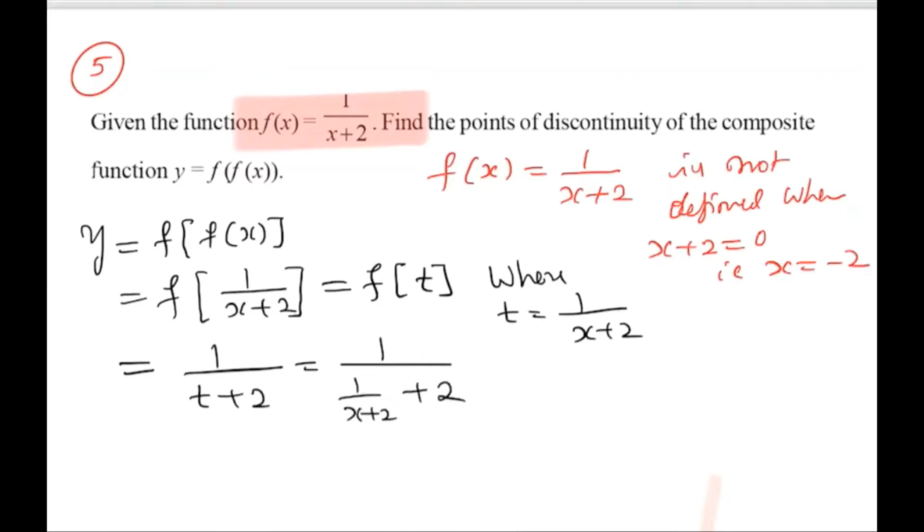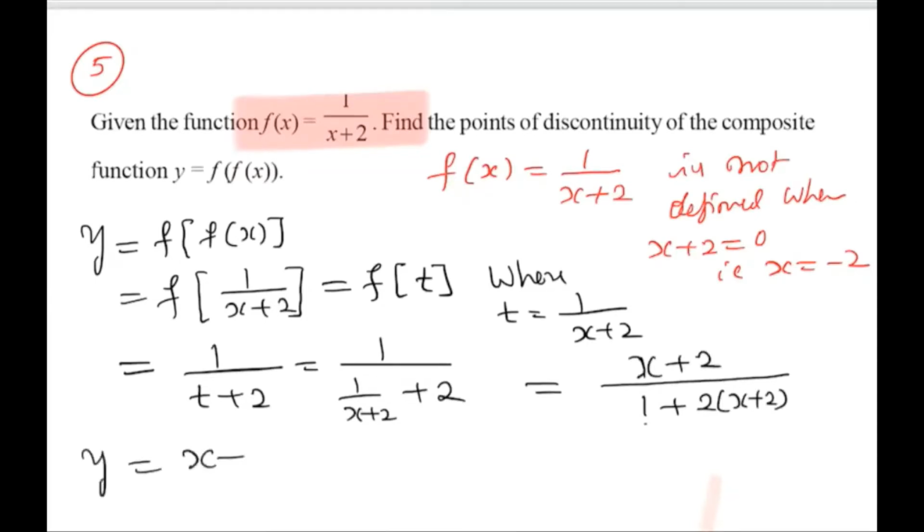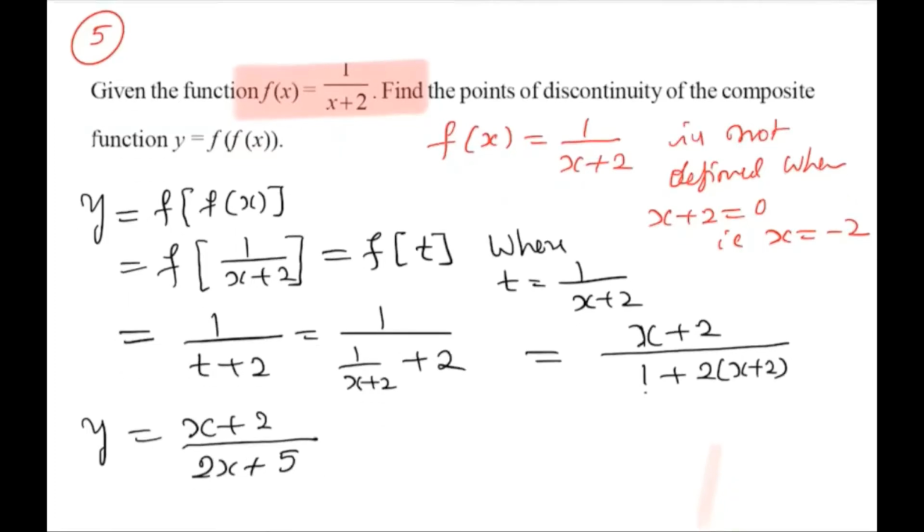On simplifying, you get this as 1 over 1 plus 2 times x plus 2, upon x plus 2. That goes to the numerator. So y becomes x plus 2 upon 2x plus 2 plus 1. That becomes 2x plus 5. It is defined if 2x plus 5 is not equal to 0.